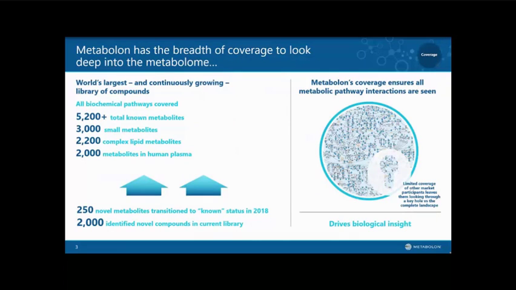We have a known authentic standard library of over 5,200 compounds, which include the microbial-derived metabolites, common over-the-counter medications and prescription medications, but also complex lipids. This library allows us to detect and identify between 2,000 and 2,500 metabolites in human plasma, so really expanding the coverage of biochemical diversity in an extremely comprehensive way.